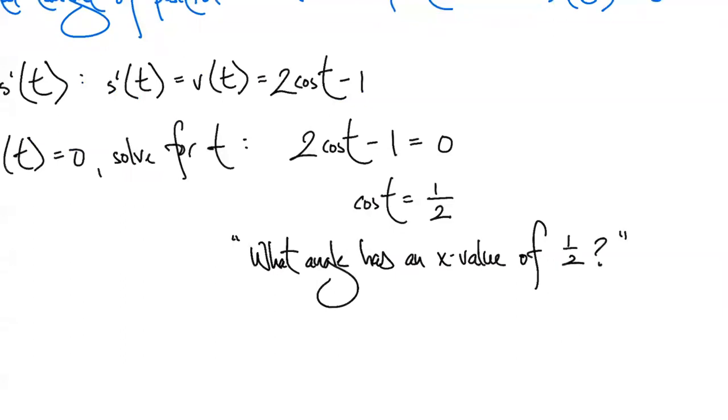Just to be clear, the x value on the unit circle corresponds to cosine. That's how I know I'm looking for an x value. The 1/2 is the value I've gotten, so that's what I'm looking for. And now I have to find an angle.